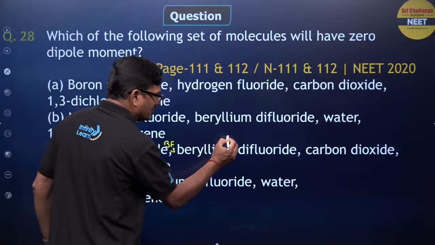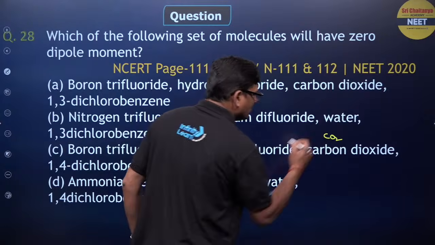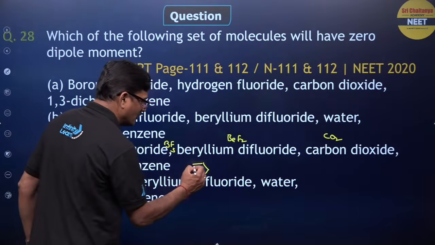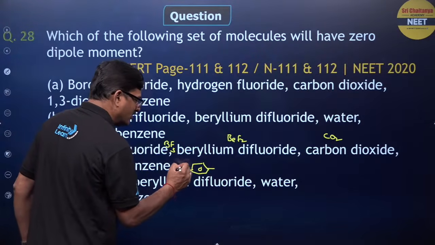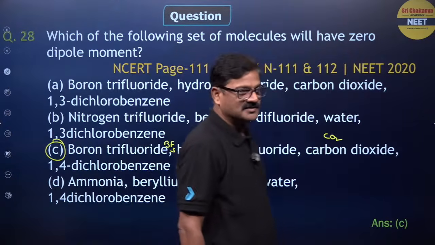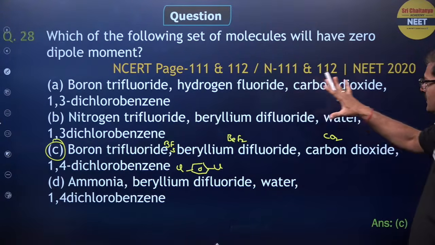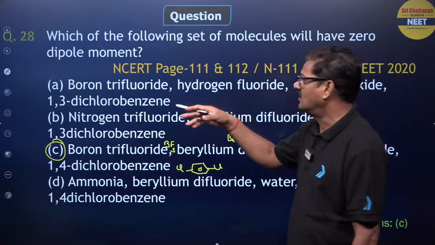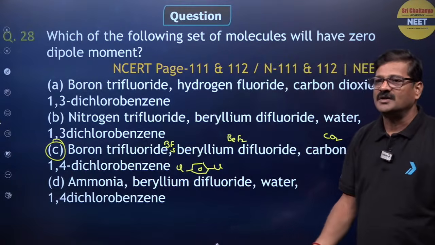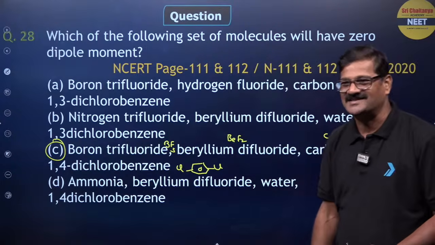Beryllium difluoride BeF2 and carbon dioxide have zero dipole moment. 1,4-dichlorobenzene, its dipole moment also cancels. So all of them have zero dipole moment, and my answer is option C. You need not read all the options, because 1,3-dichlorobenzene, the first option, has a dipole moment that is not zero, right? Vamsi said it is C, right?